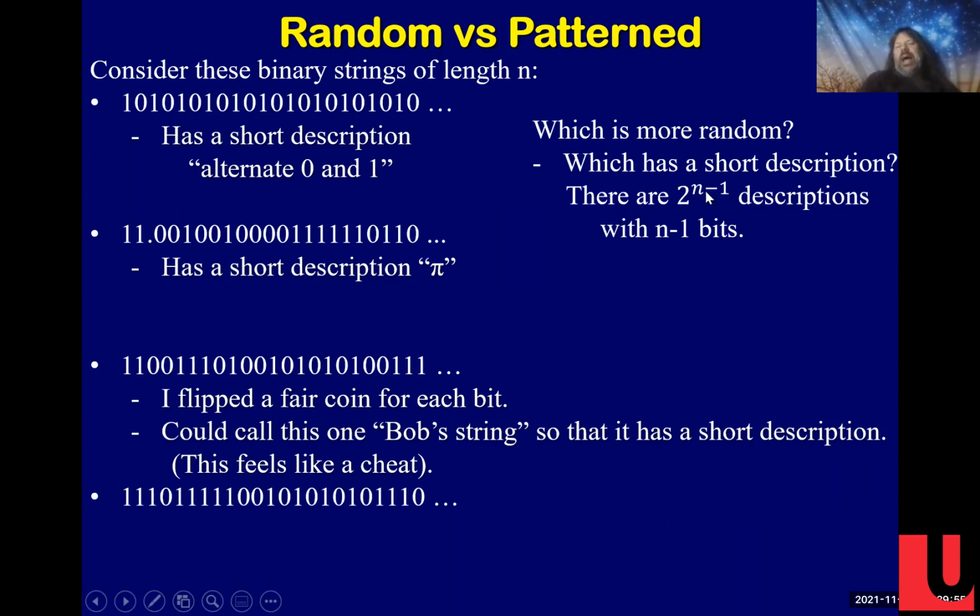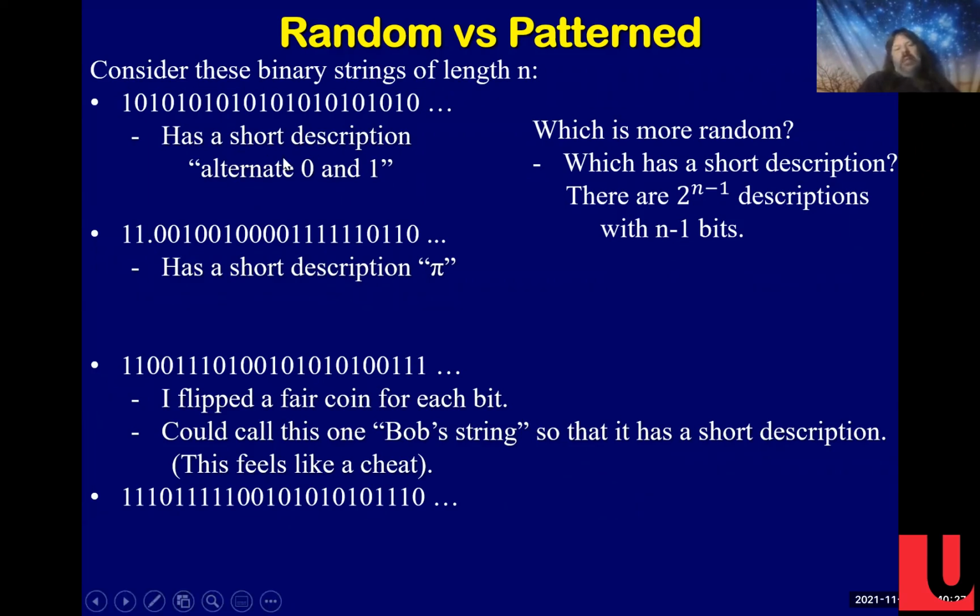Now, here I'm going to ask, how many descriptions are there of length n-1 bits? Let's just count. Let's say a description is basically a binary string. If this is an ASCII string, and I convert that string into binary, I'm basically describing this binary string with this binary string.